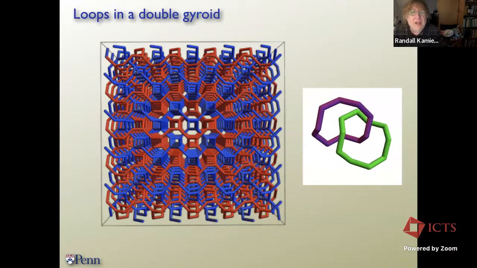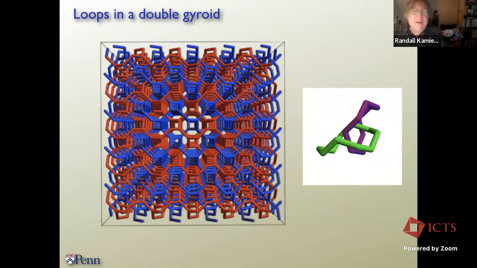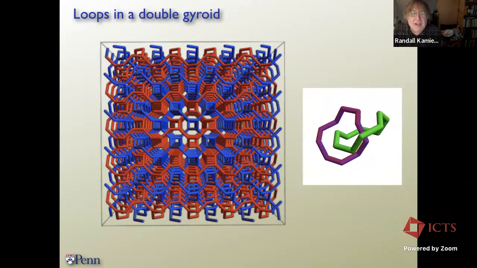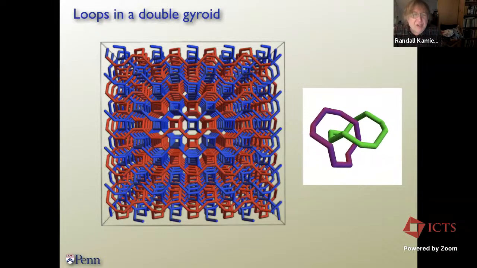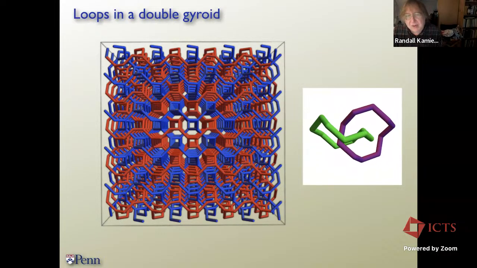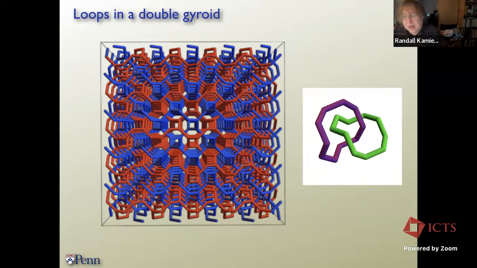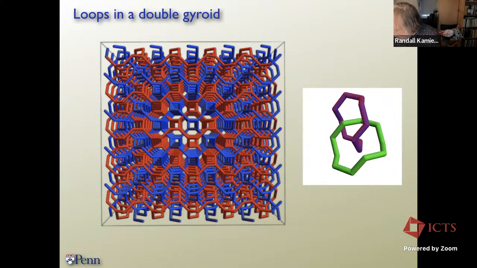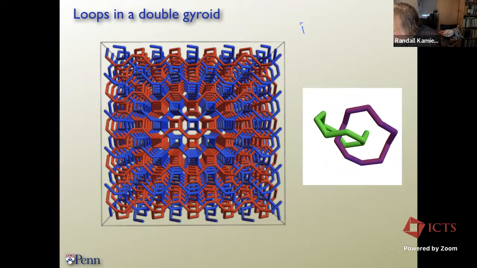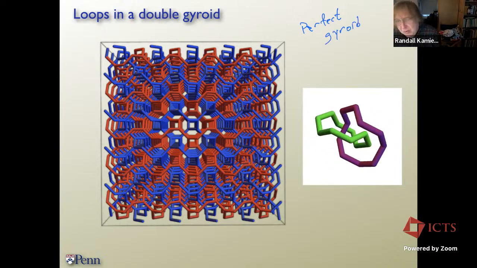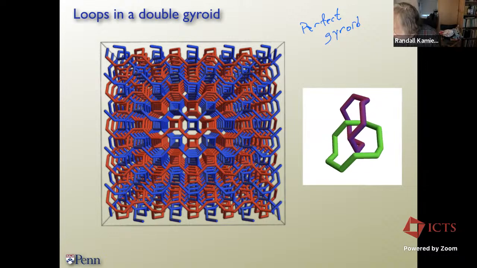And so this is what Suman did. So just to make it easier, I'm drawing blue and red again. The networks are all the same. The blue network and the red network are made of the same material. And if you look at a perfect gyroid, in a perfect gyroid, there are closed loops.